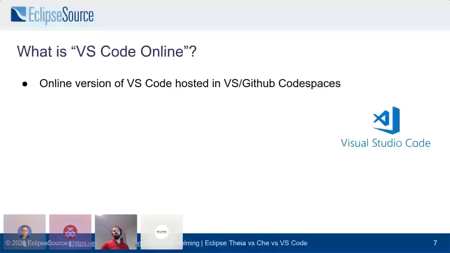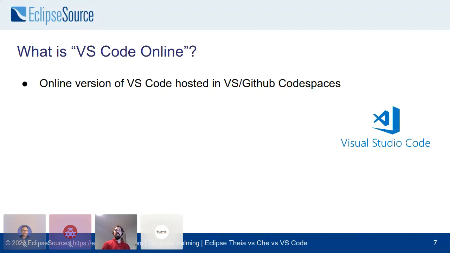But I would call the thing the online IDE, the online version of VS Code, just for the sake of simplicity and so that you understand what I'm talking about. Now, it is an online version of VS Code hosted in either VS Code Codespaces, which is the offering embedded into Azure, or GitHub Codespaces, which is a very similar offering embedded in GitHub, currently running in a restricted beta.